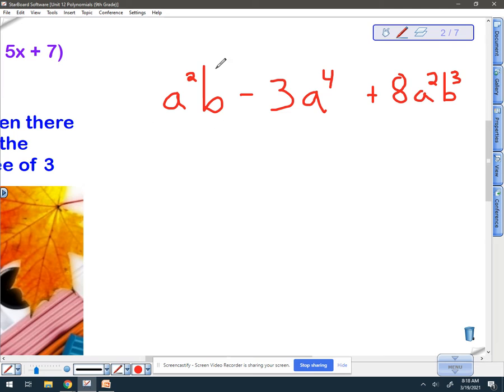So what's the degree of the first term? 2, 1, so that's a 3. What's the degree of this term? 4. And then what's the degree of this one? 2 plus 3 is 5. So what's the biggest number? 5. So the degree is 5.